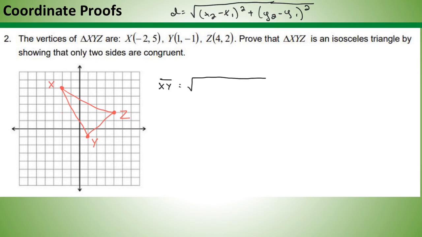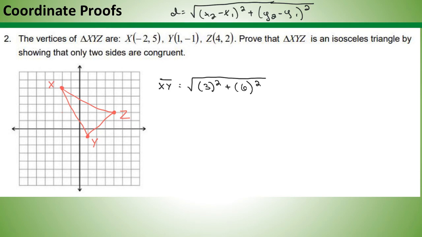Going from X to Y, the x value is increasing by 1, 2, 3. The y value is changing by 1, 2, 3, 4, 5, 6. So the two numbers I have here are going to be 3 and 6. So 3 squared plus 6 squared.